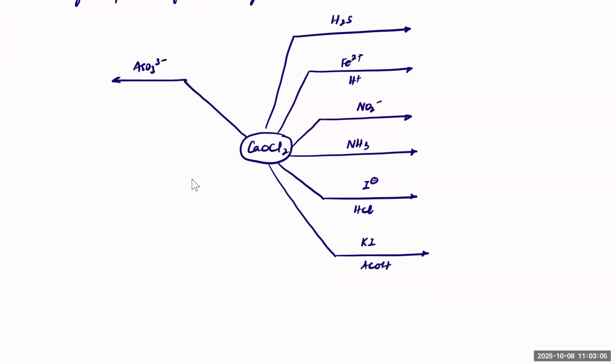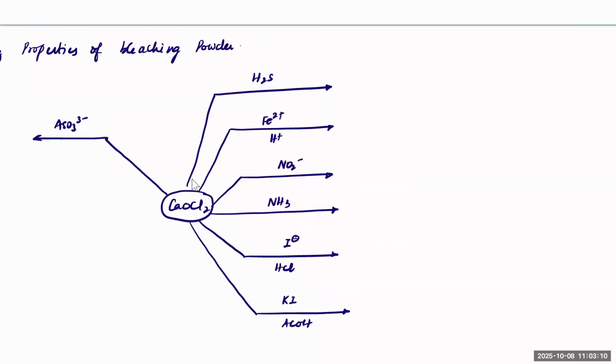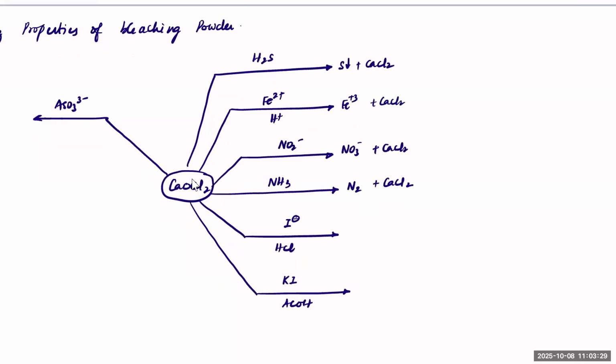So in all of these cases, the product is the same. You will get sulfur and CaCl2, and this will become Fe3+ plus CaCl2, NO3 minus and CaCl2. Here, ammonia will convert into N2 plus CaCl2, correct?